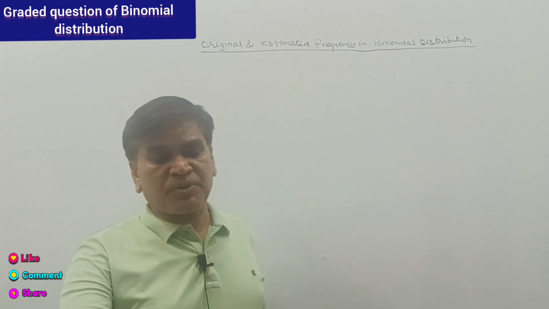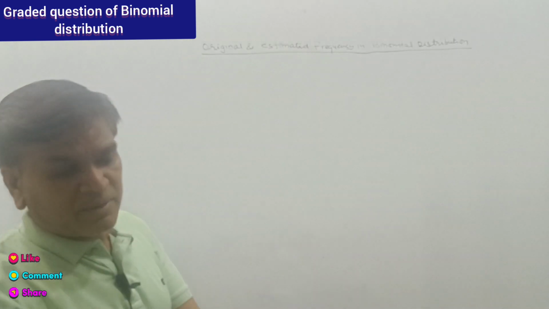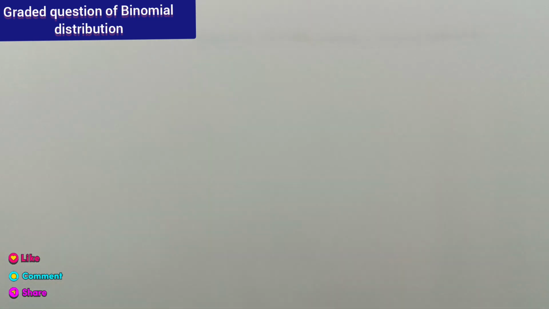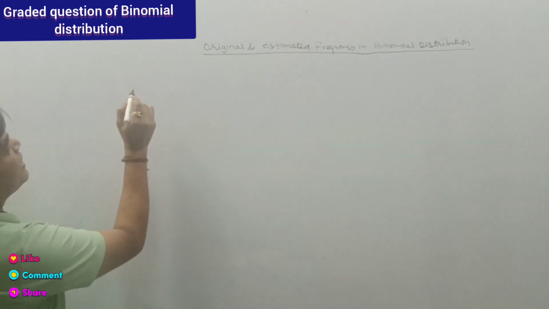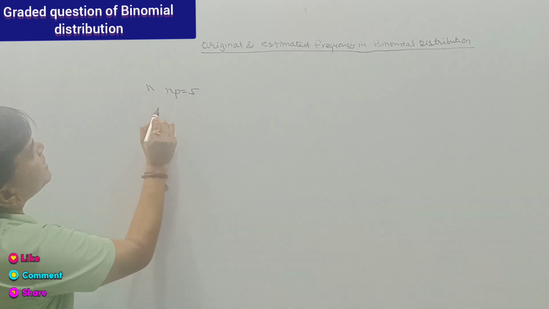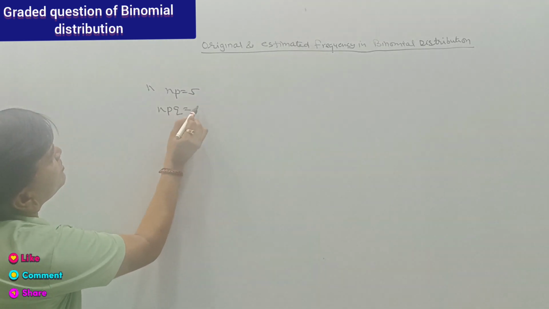The very first question is very important in relation to the binomial distribution. For a binomial distribution, a student calculated the mean as 5 and the variance NPQ as 9. We have to check whether he has calculated right or not.